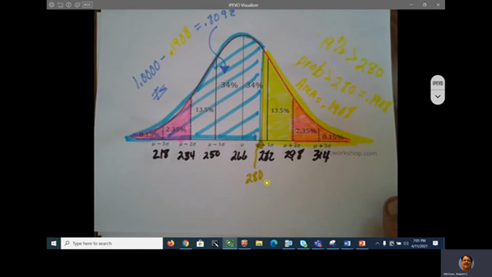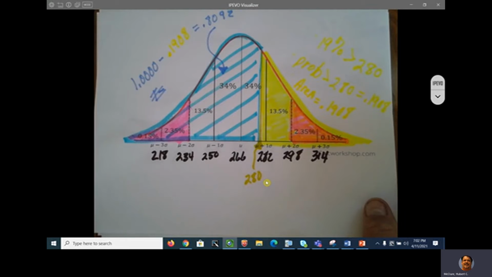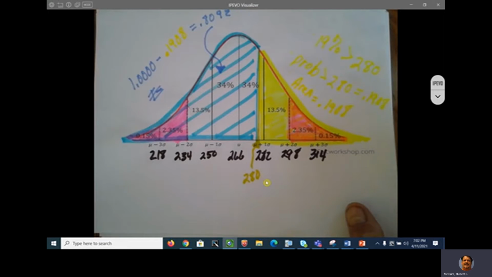A score greater than 280 or over 280 days is a 19% chance, a probability of 0.1908, or the area under the yellow region is 0.1908. The area less than 280 is 0.8092, which is the complement of 1, which is the area under the whole curve, minus the yellow area, which will give you the blue area.